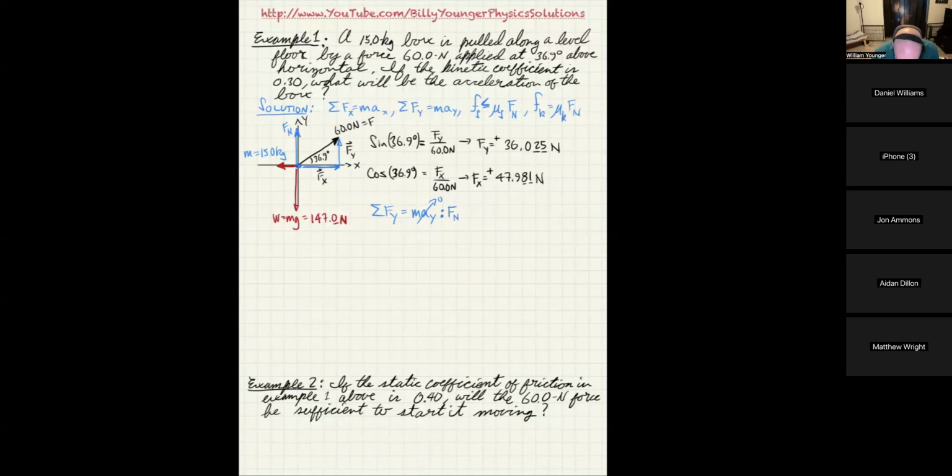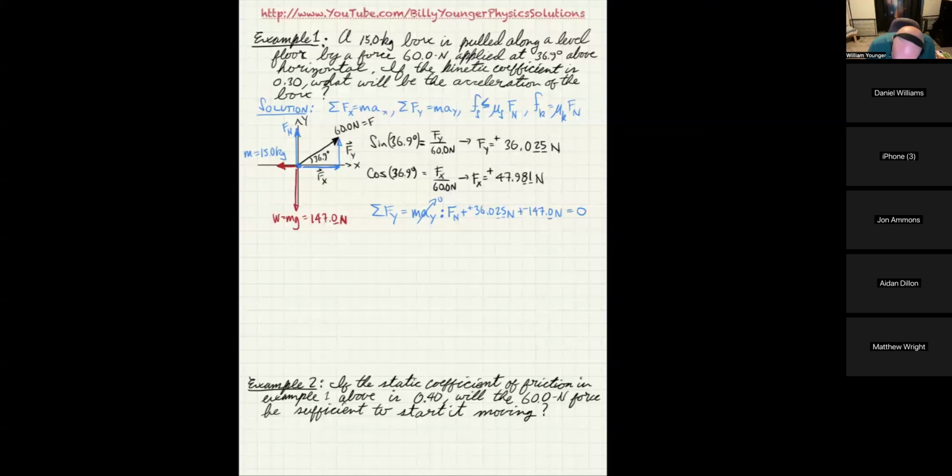So I caught that. But there's also F sub y, which we just discovered was 36.025, and that's in the positive direction. So I'm going to say plus 36.025 newtons. And then there's a force acting in the negative y direction. So that one's plus negative 147.0 newtons. And all of that is equal to zero.